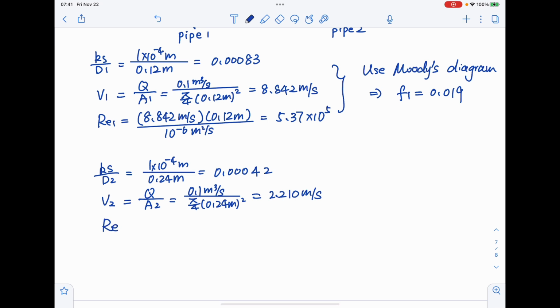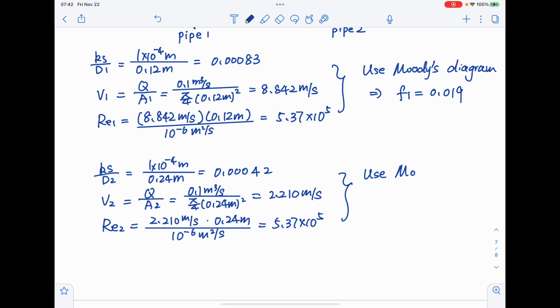The Reynolds number is V2 times diameter divided by the viscosity, which gives us a similar Reynolds number. So I use Moody's diagram again.